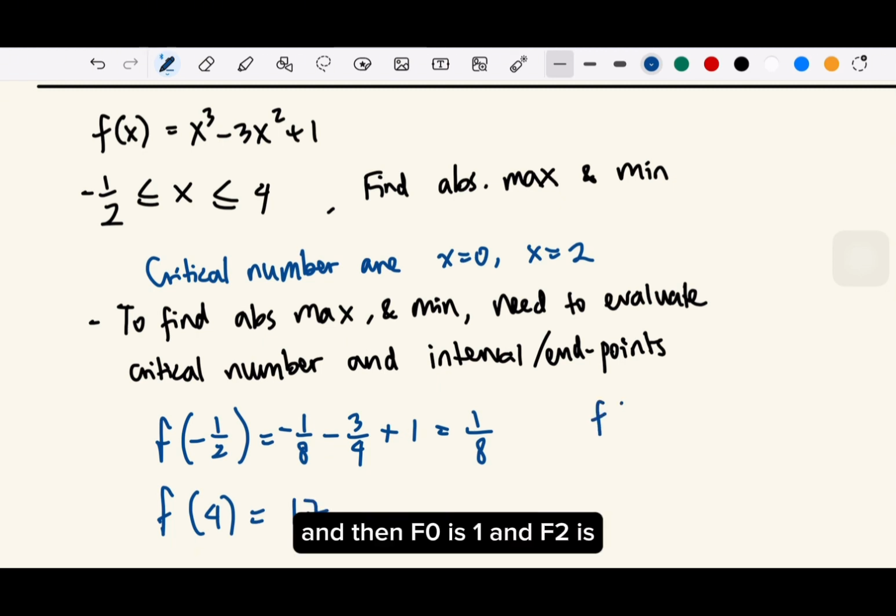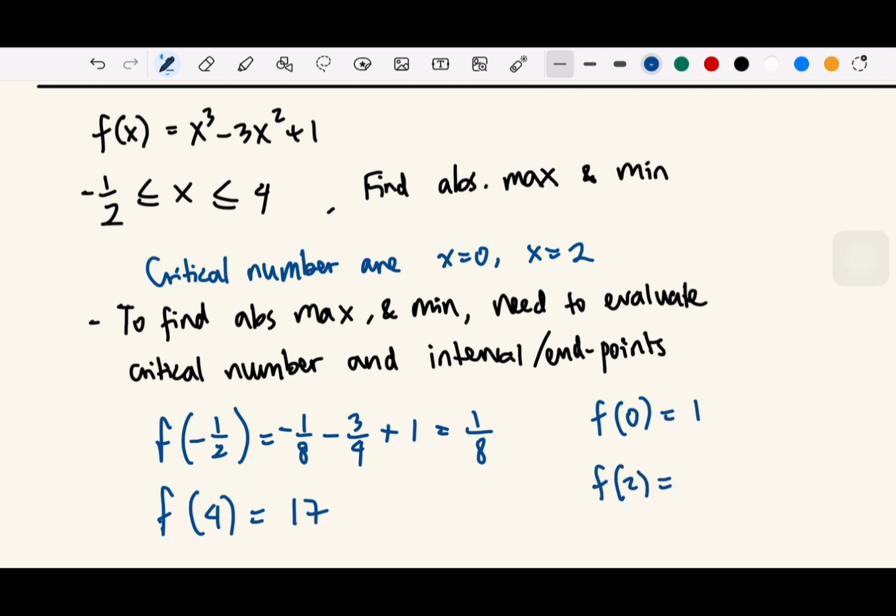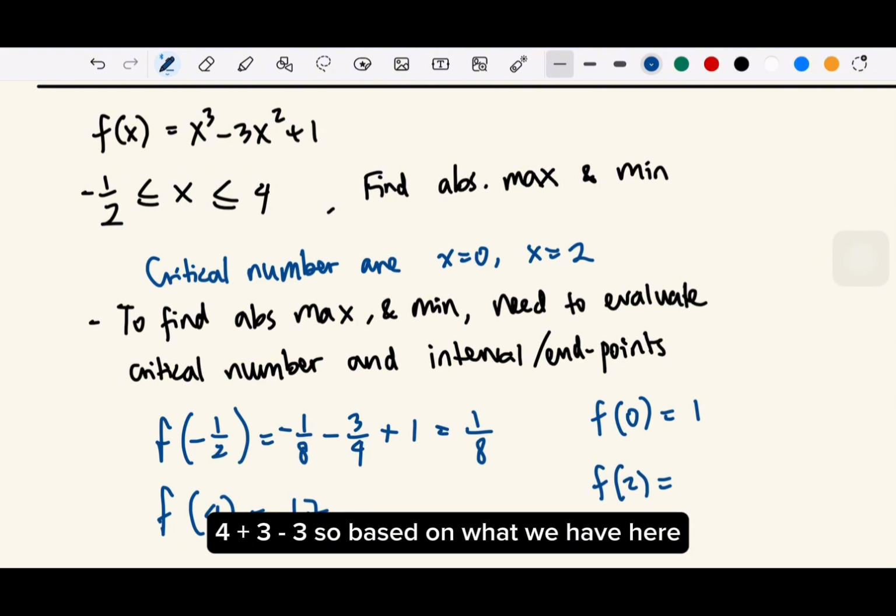And then f of 0 is 1 and f of 2 is 8 minus 12 plus 1, negative 3.